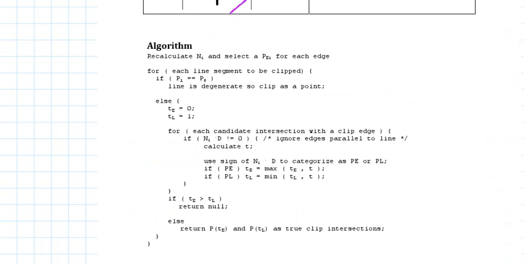If it was less than 0, it implied that it was potentially entering.